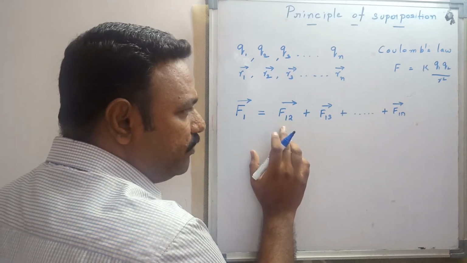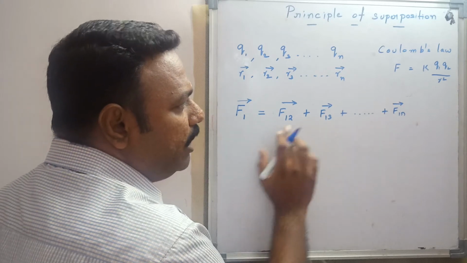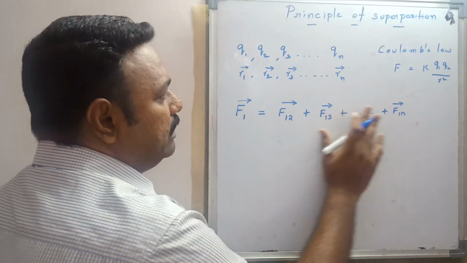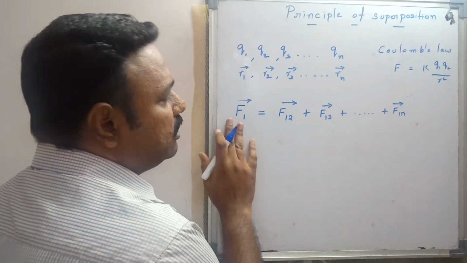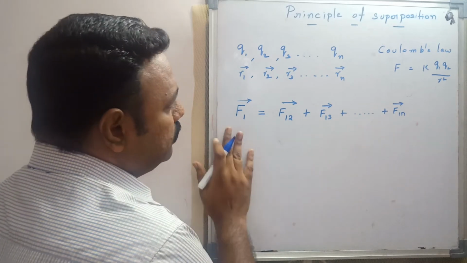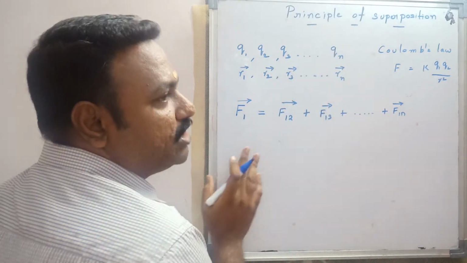So the vector sum of all the other forces is nothing but the force on the one charge. This is the definition of the principle of superposition.